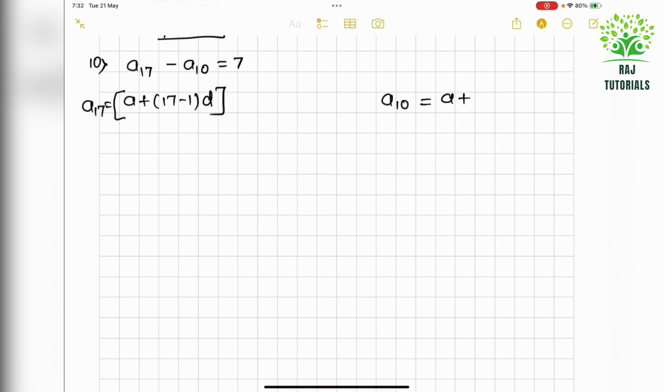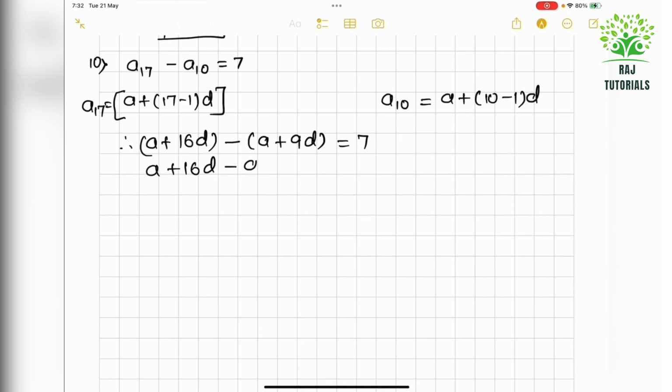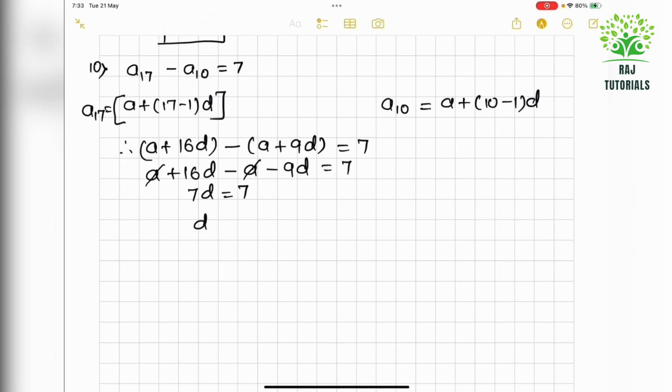And A10 term will be A plus 10 minus 1 D. So therefore A plus 16D minus A plus 9D equal to 7. So A plus 16D minus A minus 9D will be equal to 7. So A cancel, 16 minus 9. So 7D equal to 7. So D equal to 7 by 7. So D equal to 1.